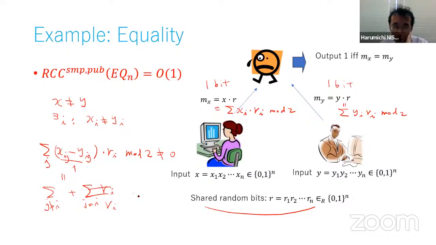So the probability is 1/2 that this is not 0. The definition requires only 2/3 probability. This we can simply repeat in parallel. Yes, I see. Okay. Thank you very much.